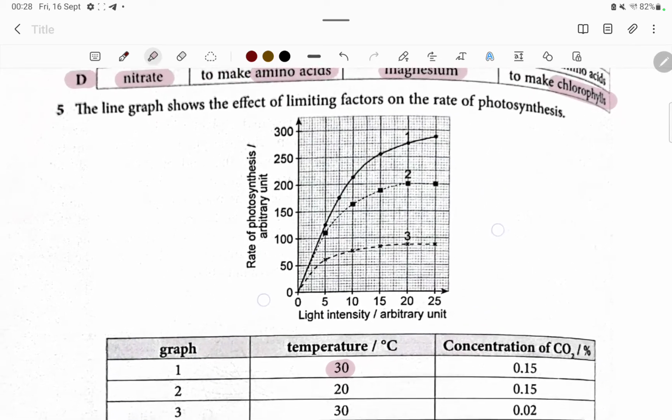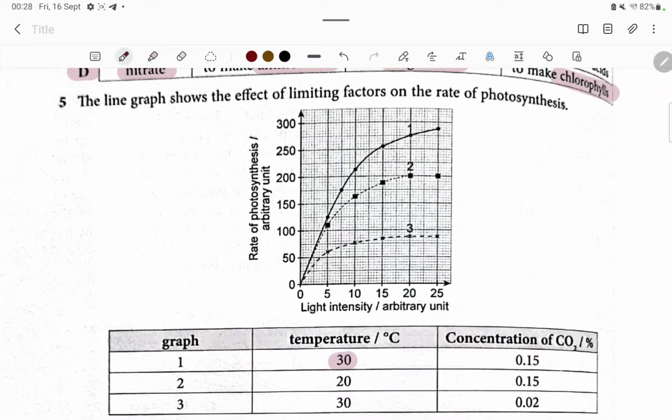Remember, when temperature increases, photosynthesis rate increases also, but only until a certain temperature.